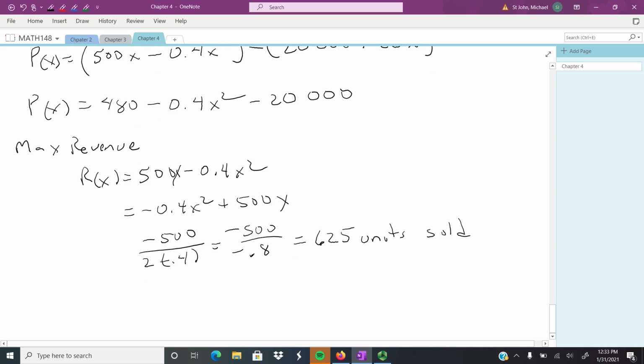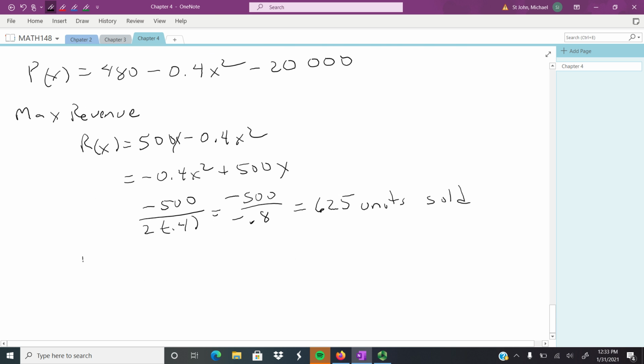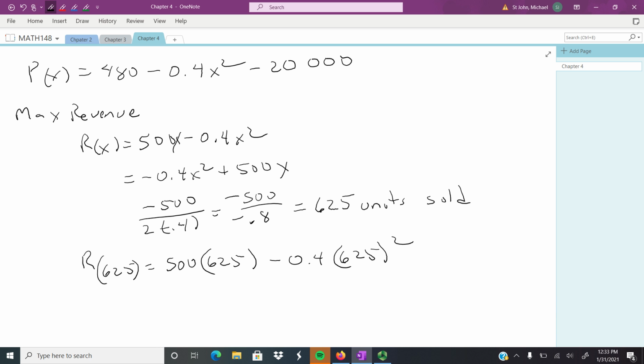And the revenue, so R of 625 is going to be 500 times 625 minus 0.4 times 625 squared. And this comes out to a revenue of 156,250.